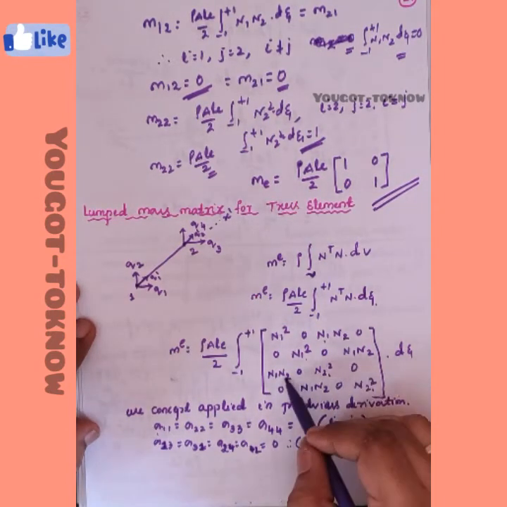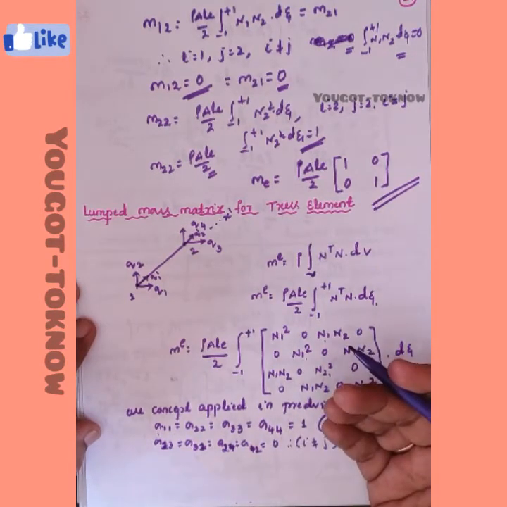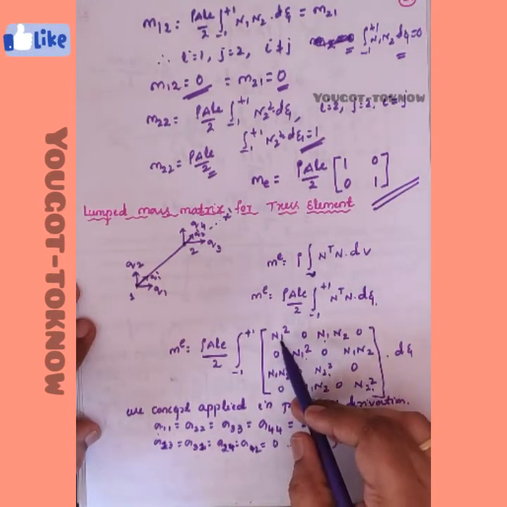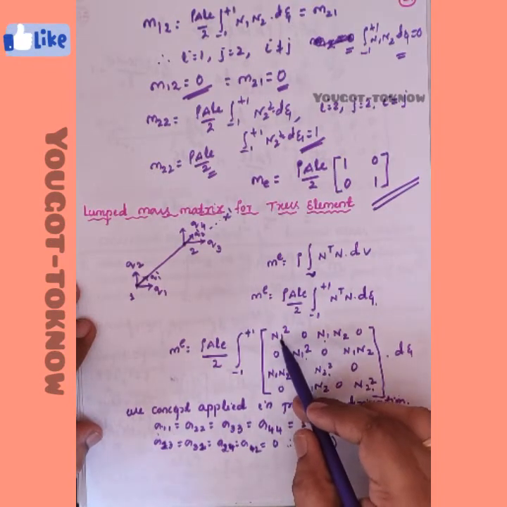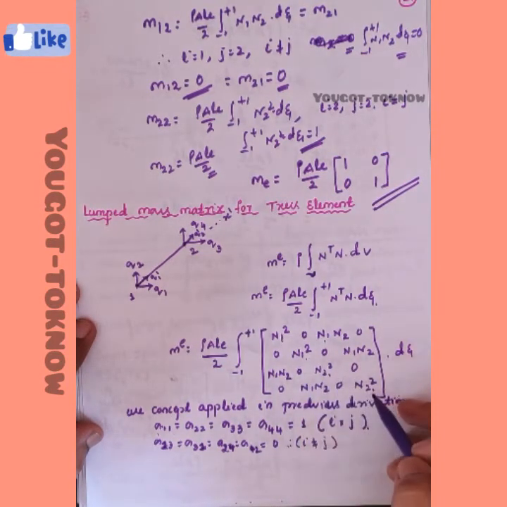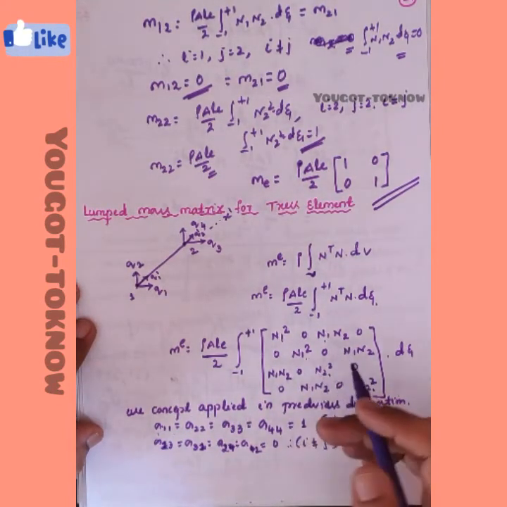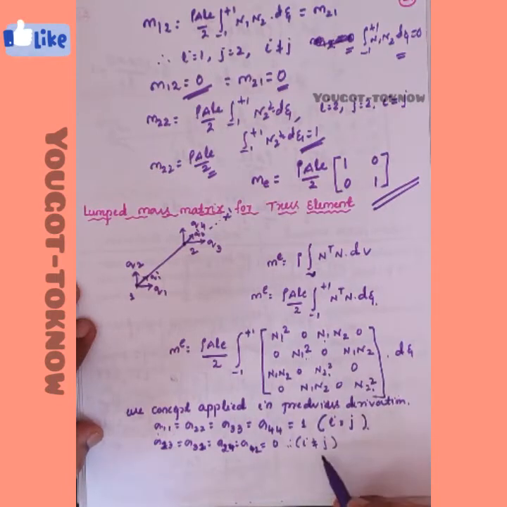Remaining, wherever N1, N2 is there, I is not equal to J. I equals J will occur only at 1,1, 2,2, 3,3 and 4,4. For all the remaining values, I will not be equal to J. Wherever I is not equal to J, it will be equal to 0. Wherever I equals J, that will be equal to 1.